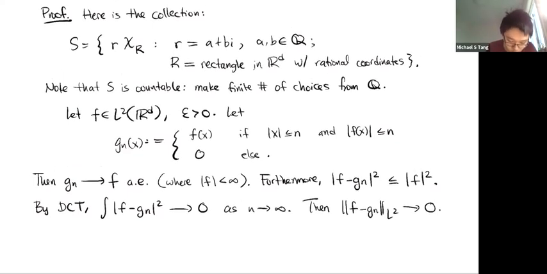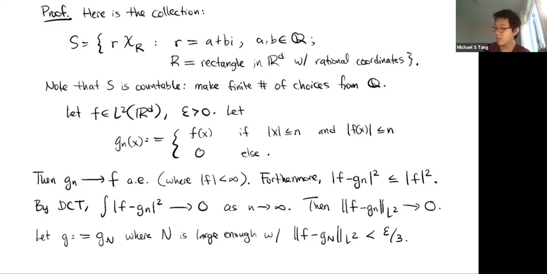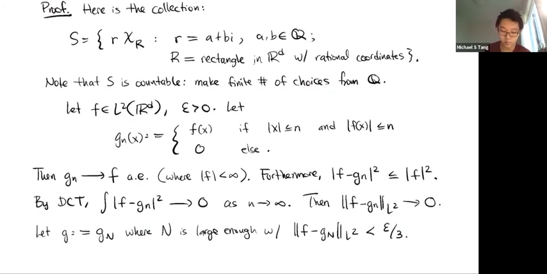Now that we've proved that this goes to 0, we can let G be Gn, where we choose n large enough. And let's give ourselves some room. Let's say the L2 norm of f minus G is less than epsilon over 3. Okay, so we've approximated f by a function G, which is bounded and has bounded support.